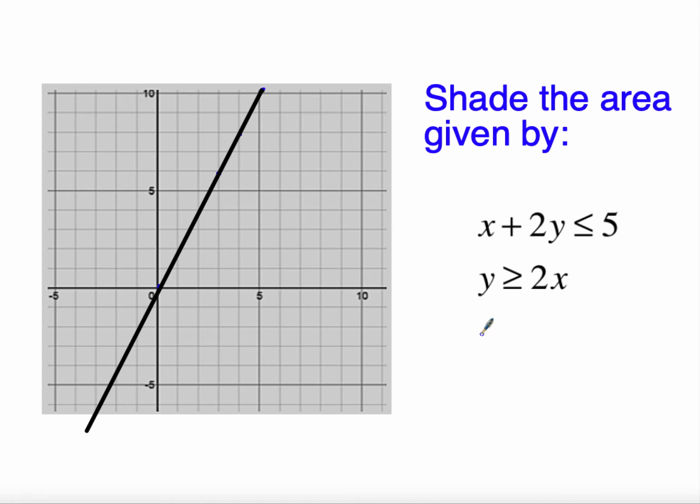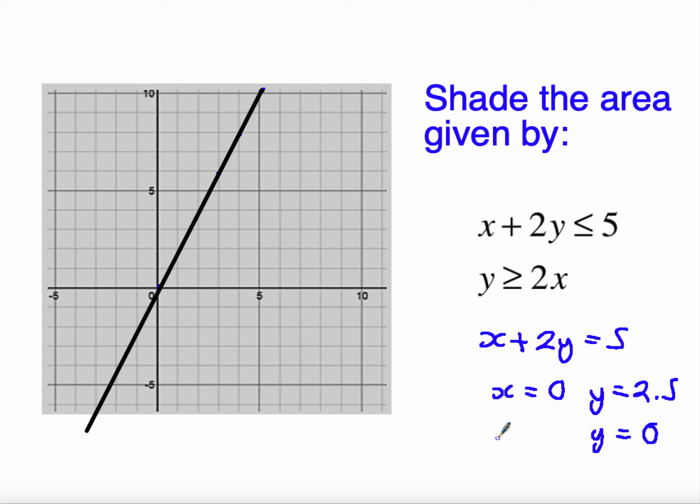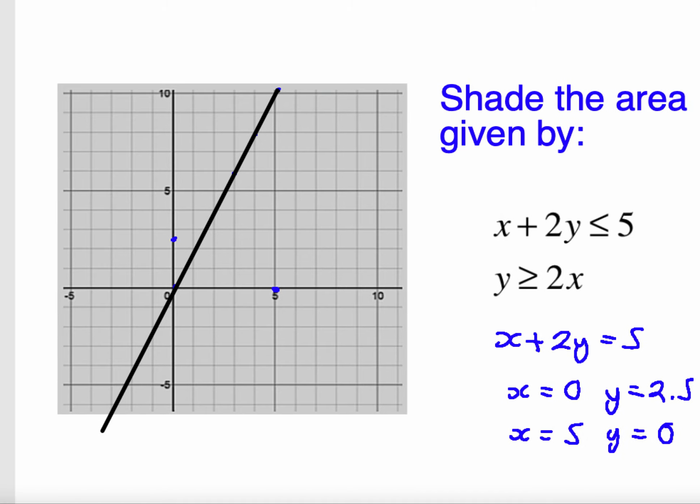Let's just rewrite this bit. x plus 2y equals 5. If x equals 0, then y would have to be 2.5. But if y was 0, then x would just be 5 itself. So if x is 0, y is 2.5. And if x is 5, y is 0. That'll do. It's enough for me to draw the line.